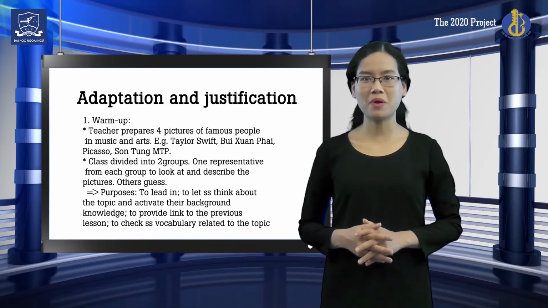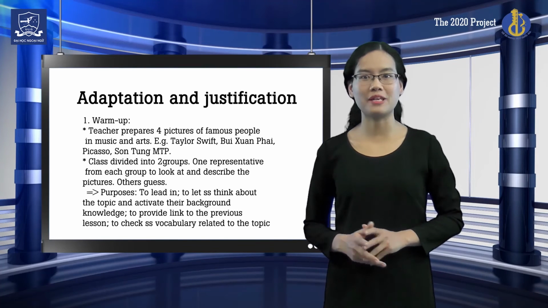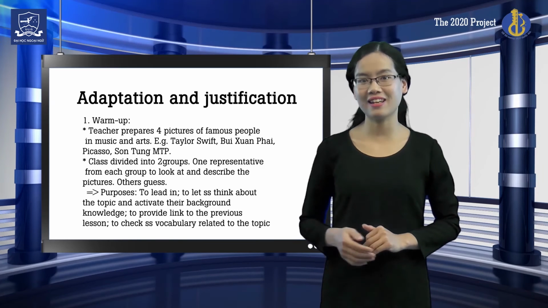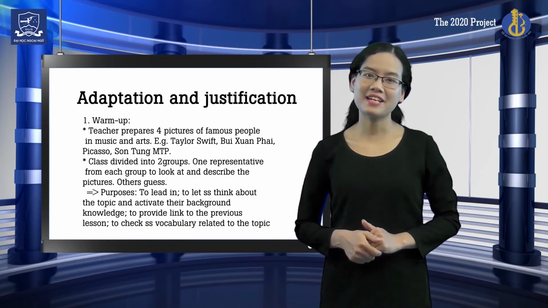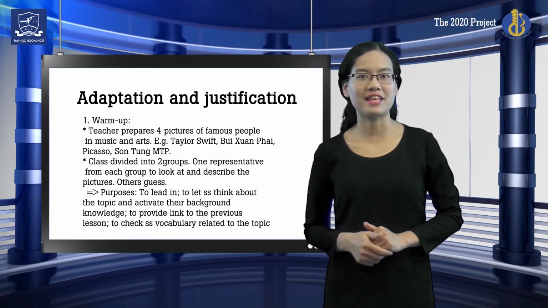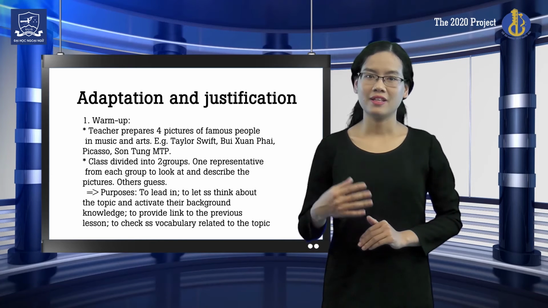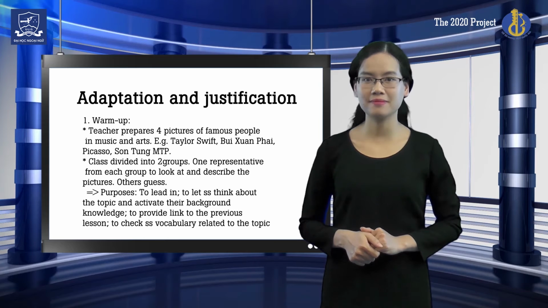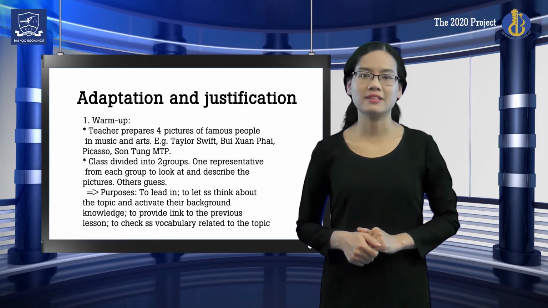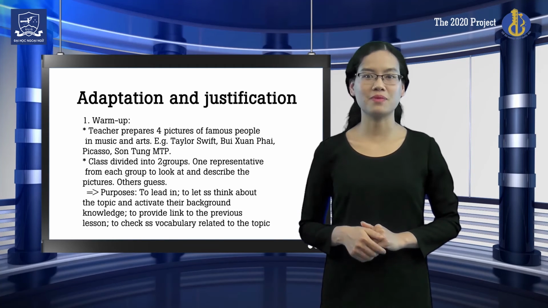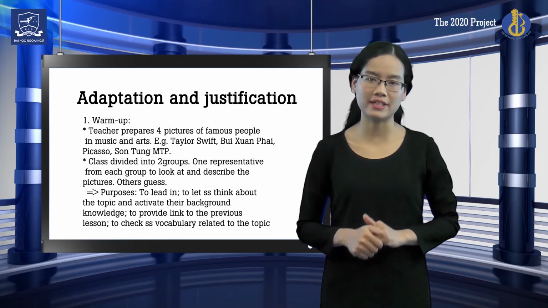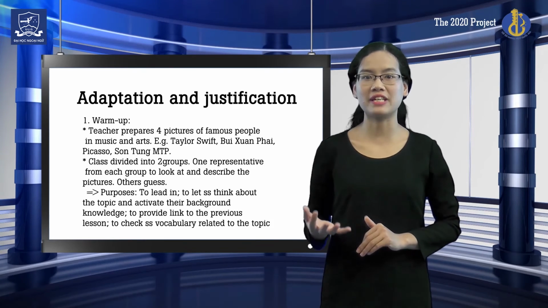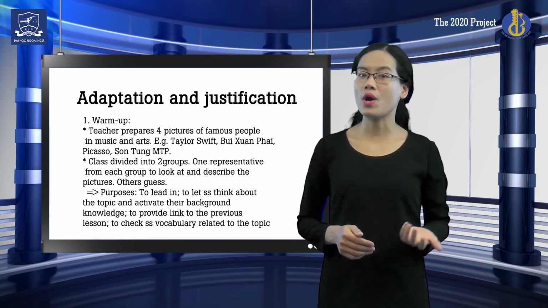With students describing the pictures of famous people in music and arts, teacher can successfully lead in the lesson, let students think about the topic and activate their background knowledge. He or she can also provide link to the previous lesson, and more importantly, teacher can check students' vocabulary related to the topic to see what vocabulary students have already known and what requires some more teaching.